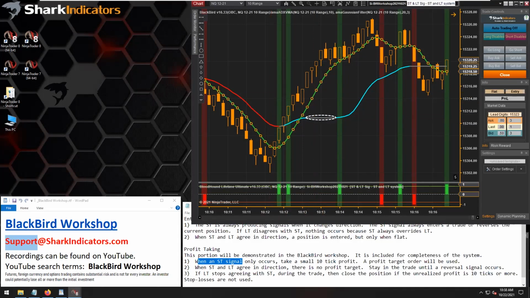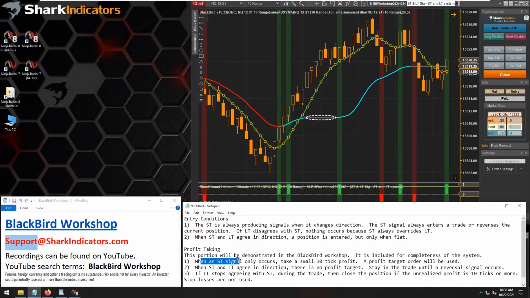So you default back to the short-term profit strategy, which is just take your 10-tick profit and get out. And of course, if you have more than 10 ticks, then when you close out, you'll have more than 10 ticks there.